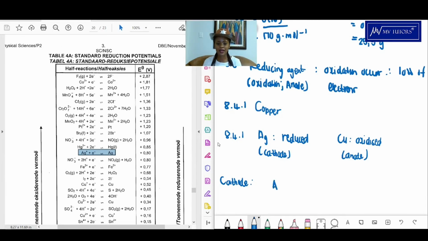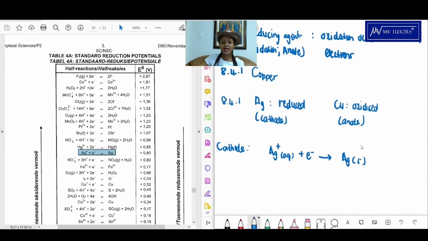You don't swap anything around. So we have silver ion in aqueous solution, and then we have an electron. And please guys, do not use double arrows. In this case you don't have a reverse reaction. It's not a closed system. And then we have the solid there. All right, so that is what happens at the cathode.